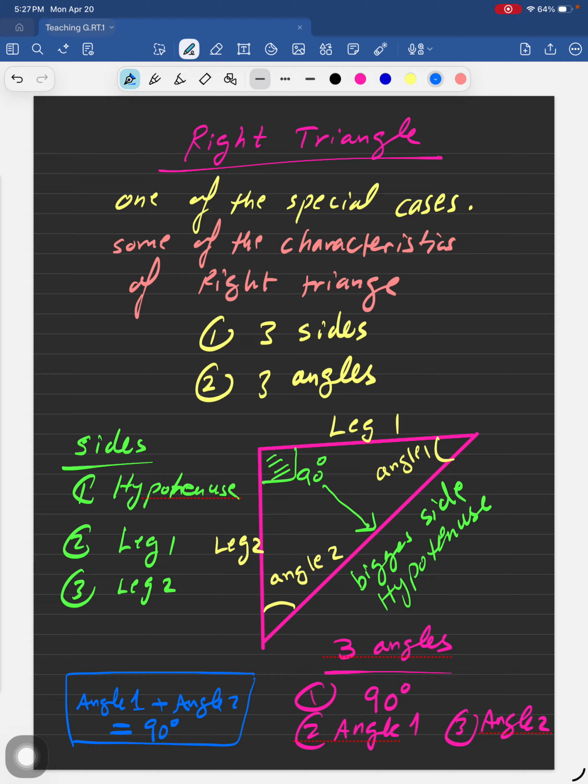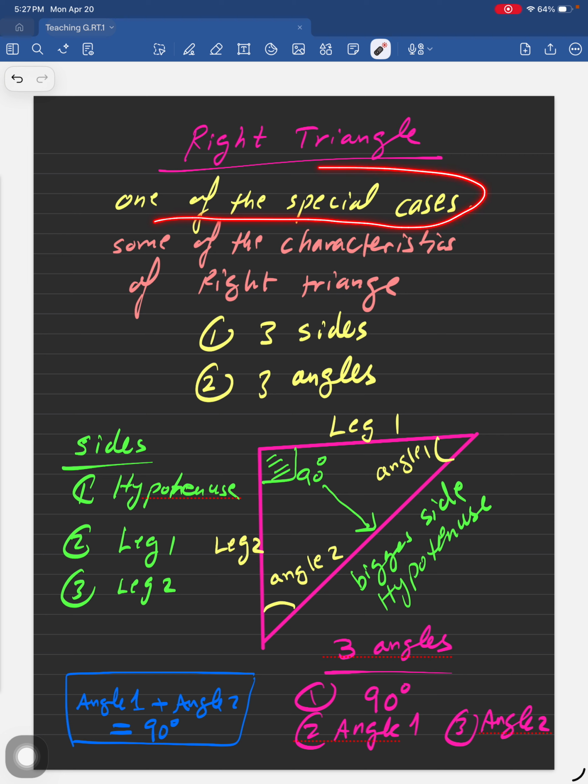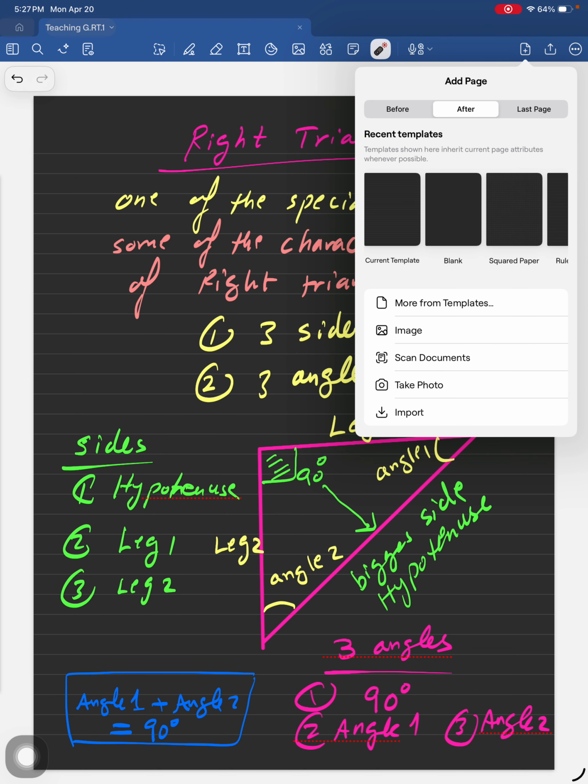Based on these characteristics related to the sides and angles, we can reach one of the special cases related to the right triangle. We can draw this triangle like this.